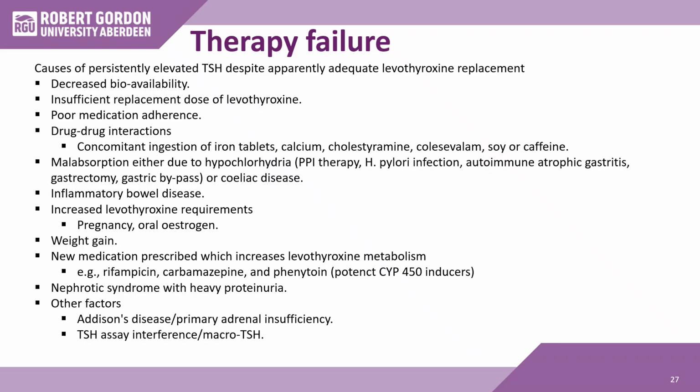Increased levothyroxine requirements could be one of it if somebody's on oral estrogen or if they're pregnant. Weight gain could be a cause because then there's more surface area for the drug to go into. A new medication prescribed that increases levothyroxine metabolism, so the potent CYP inducers, are ones to consider here. Then we have nephrotic syndrome, which could be a cause also, and other factors include Addison's disease and also any interference in the assay itself, in the sample.